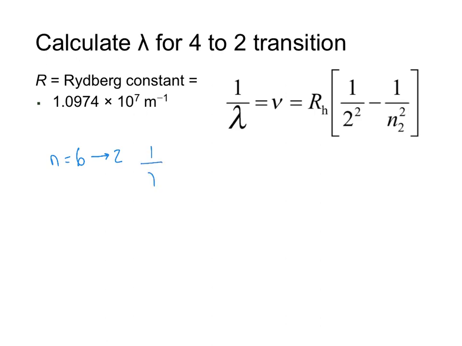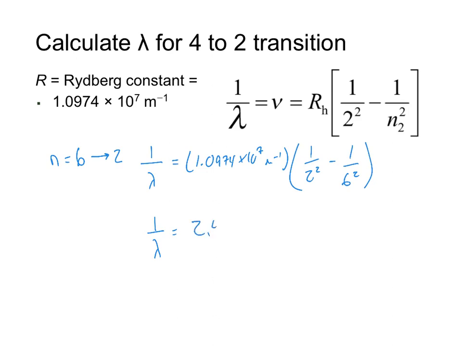And so 1 over our wavelength is going to equal our Rydberg constant times 1 over 2 squared minus 1 over 6 squared. And so we do out the math of that, and we get our inverse wavelength, 1 over wavelength, equal to this number.